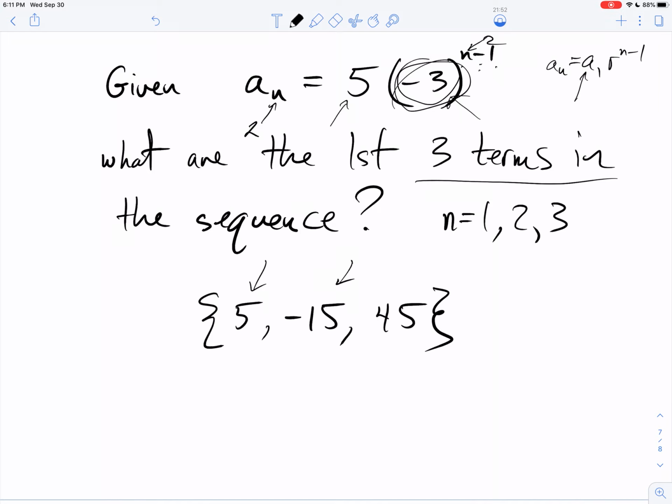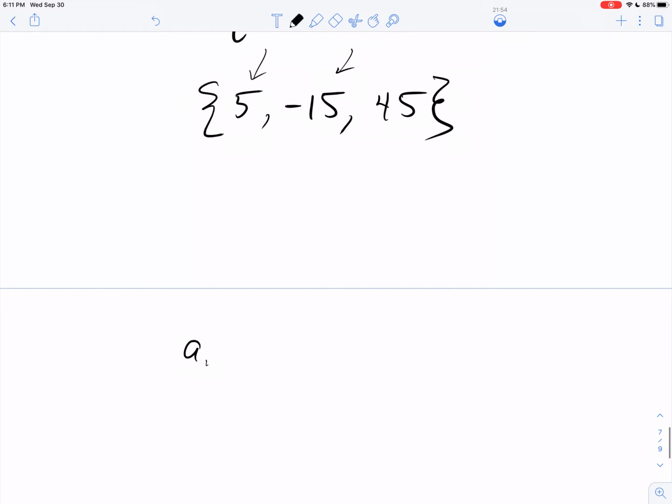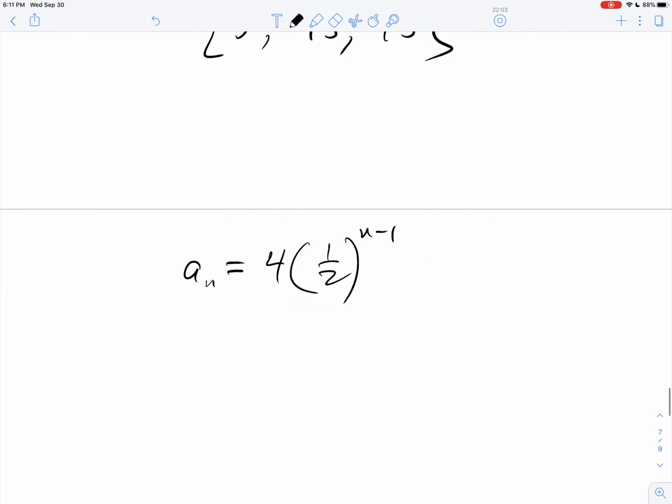So if you have a rule, doesn't matter what it is, a sub n equals 4 times 1/2 to the n minus 1, and I say, what are the first three numbers? If you plug in 1, you will get a1. And what is the first thing that would come out of this? 4.